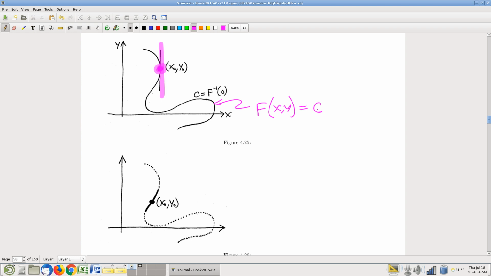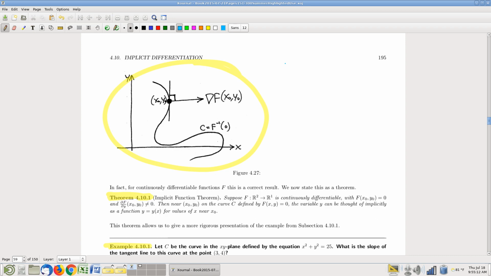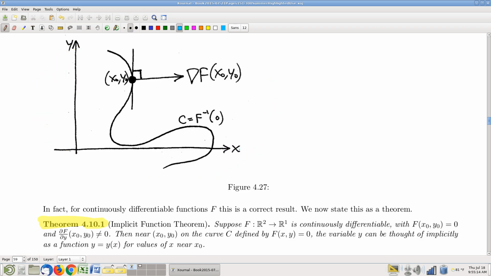And that being as it is a level set, having a vertical tangent line to that level set would mean that we have a horizontal gradient of that function. Right? So the gradient of this function whose level set I'm looking at has to be horizontal if we're going to have a problem.